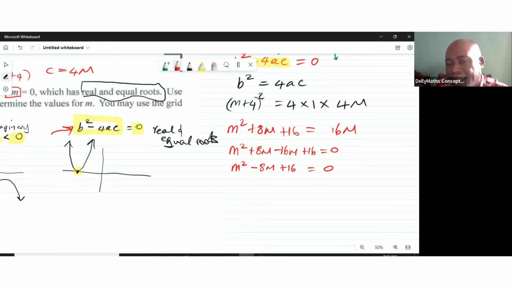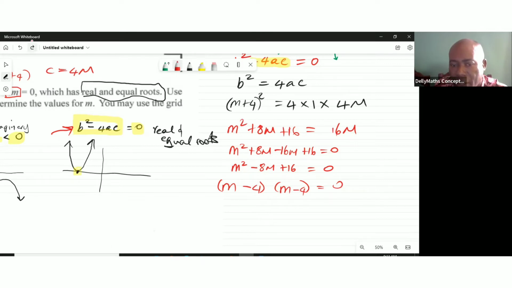If we factorize this, we have an m here, an m there, and definitely minus 4 two times, because this is a perfect square. If I take half of this and square it, I get this number, and my coefficient here is 1, so I have a perfect square.